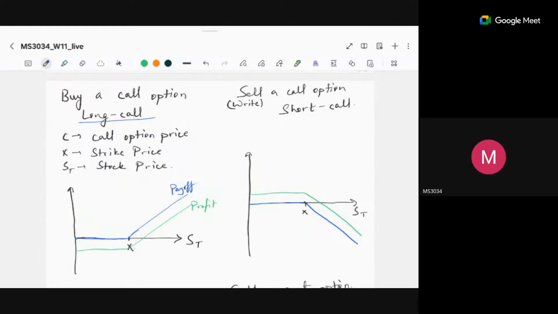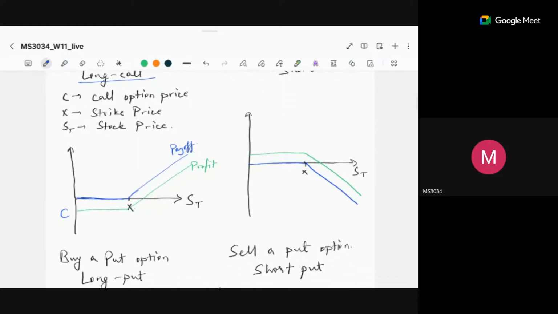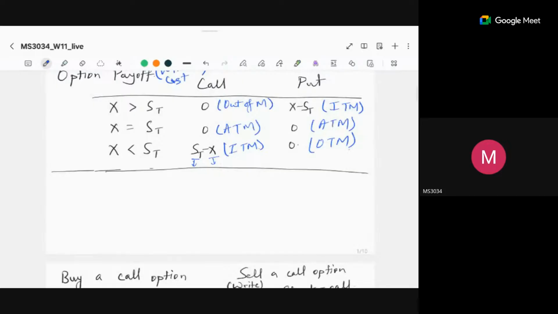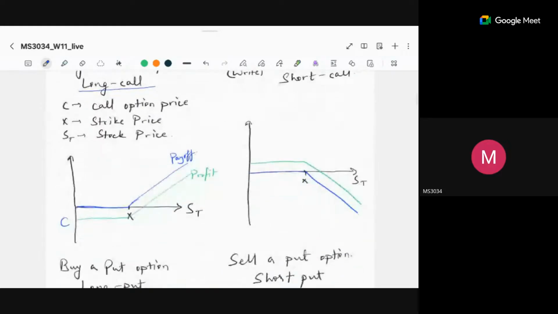Okay. Let's suppose C is your call option price. First we will try to draw the payoff. We have seen earlier that when my ST is greater than X, first I will mark X, the exercise price.